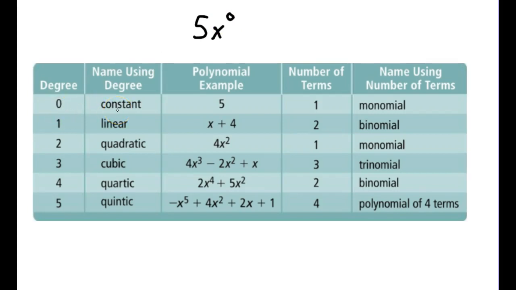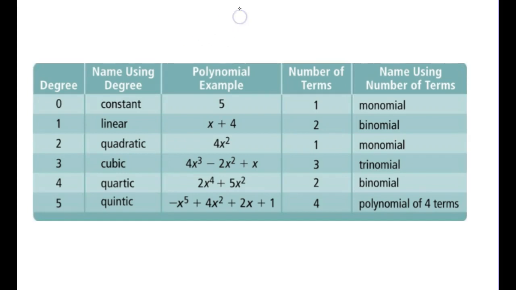We name a degree of 0 as a constant. Here we have no addition or subtraction signs. There is only one term. If you have one term, we're going to call that a monomial. Mono means one. Nomial means terms, so one term. Next we have x plus 4.